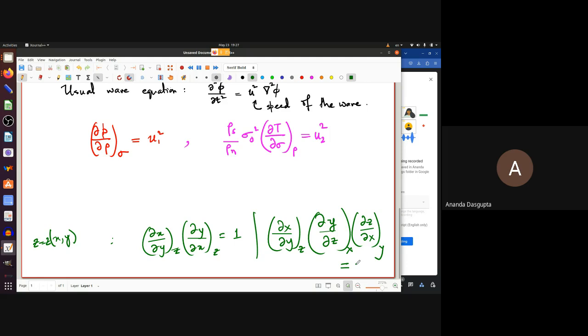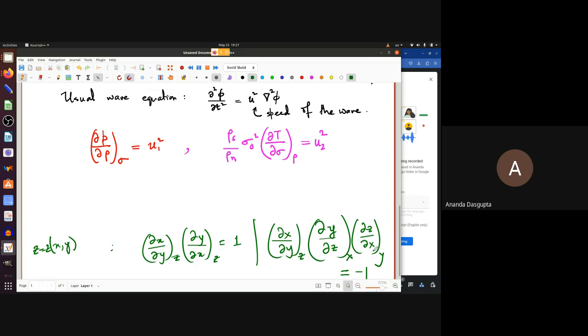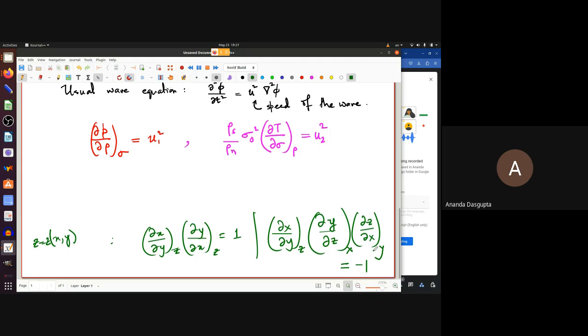Okay, let me just tell you the answer, but you should really know this answer because after all, if you're going to give any of these competitive exams like NET, etc., you will need to know these results as well. These are elementary things for first year. This product actually happens to be -1. That's one of the first things you actually learn as a major difference between ordinary derivatives and partial derivatives.